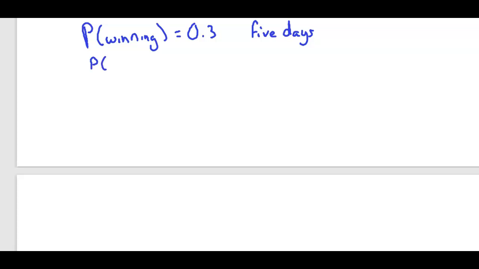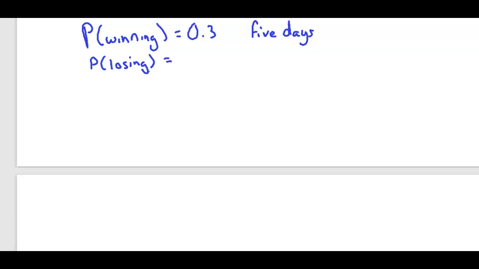So in our case, we were looking at the probability of winning, which was that probability of 0.3, and we were looking at 5 days. So we went to the opposite of winning, which was losing.